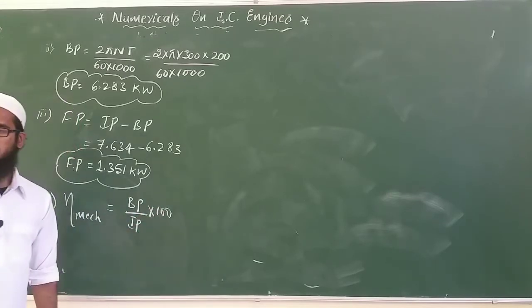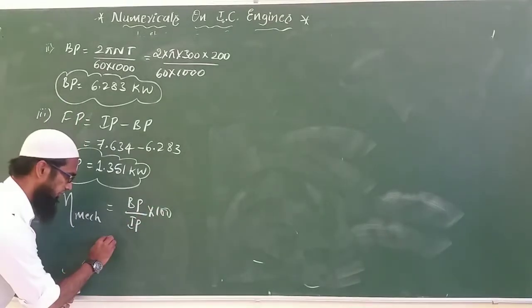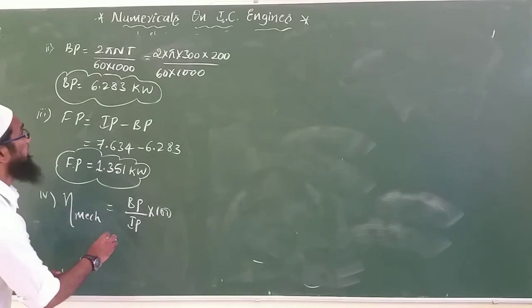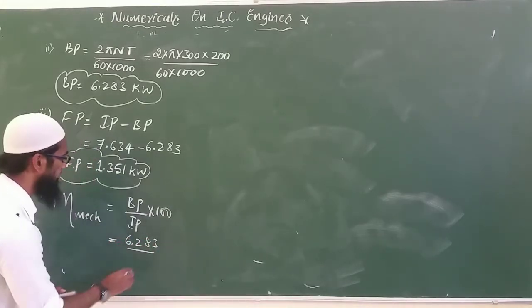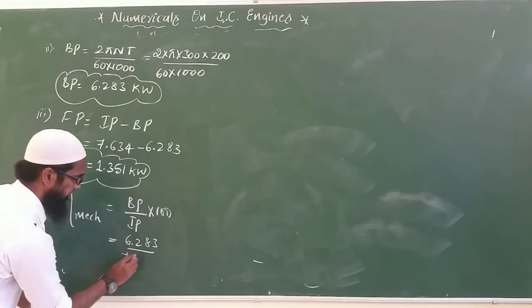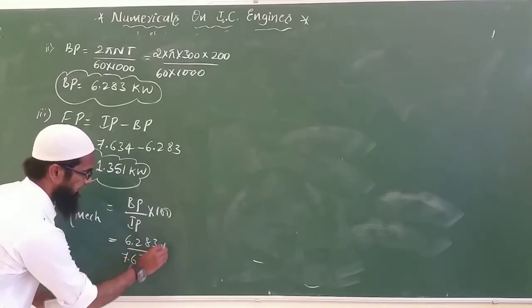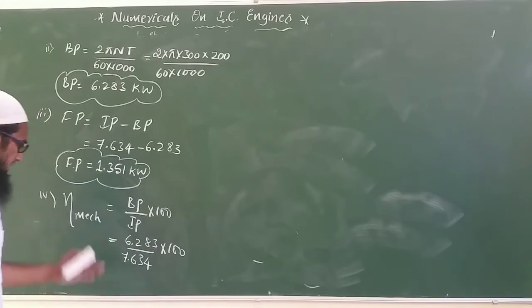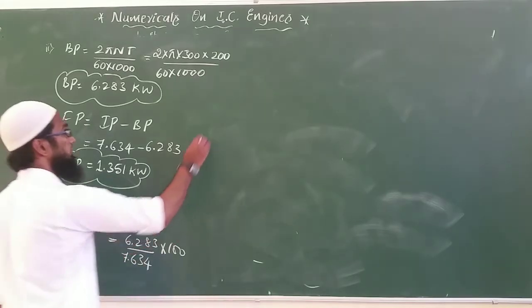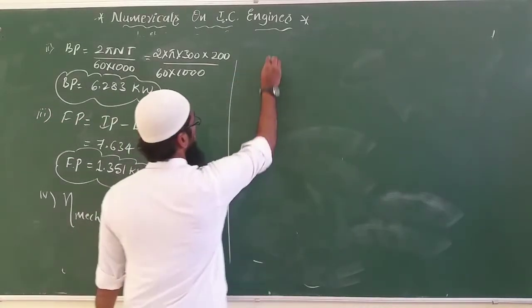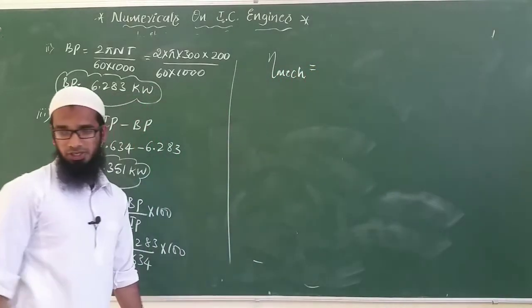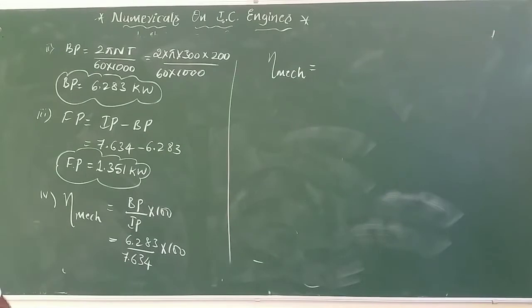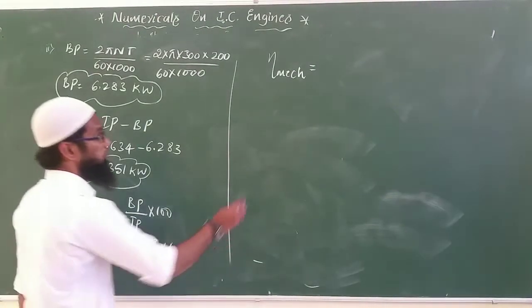So brake power is 6.283 and indicated power is 7.634, into 100. We calculate this, and the mechanical efficiency we are getting is around 82.3%.